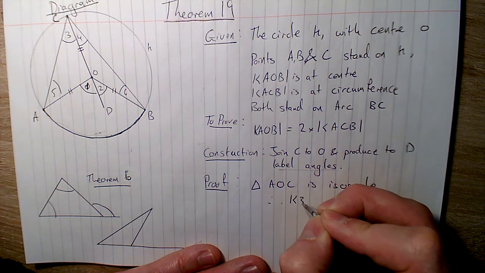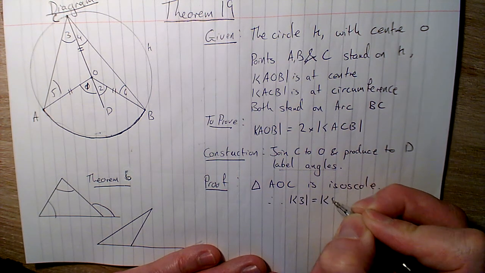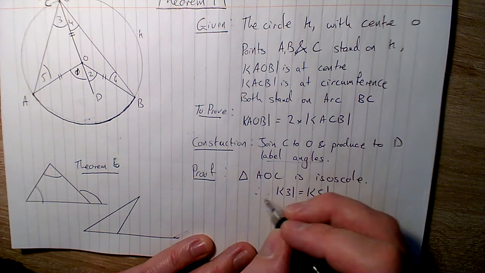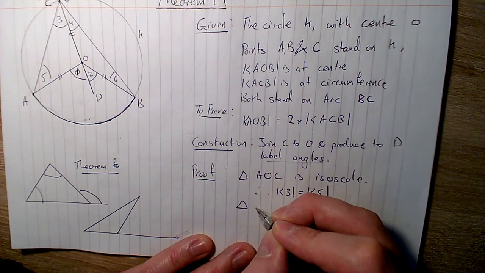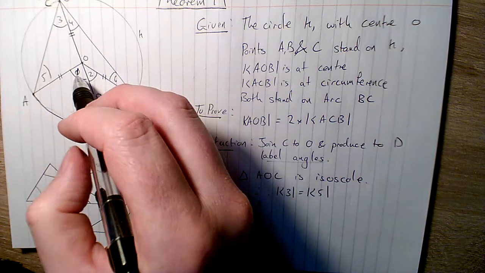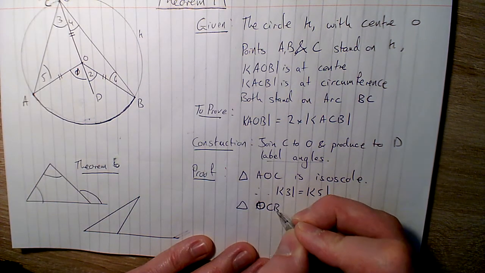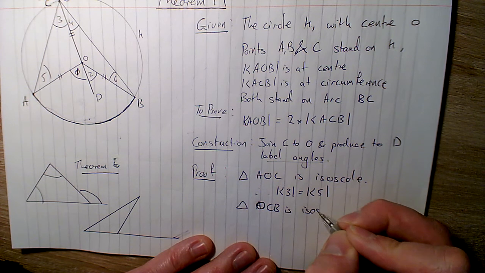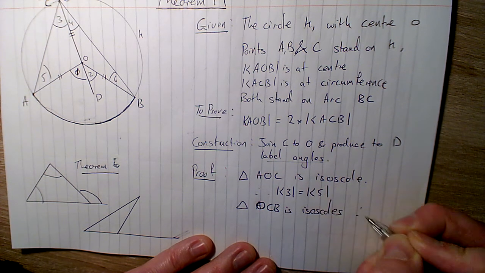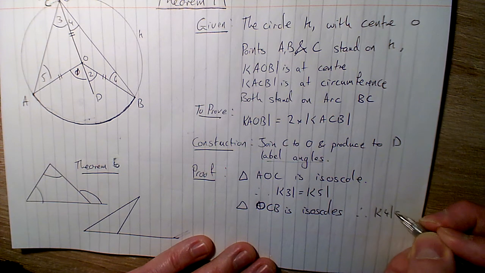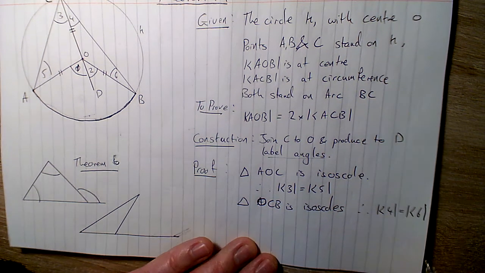Therefore, the angle 3 is the same size as the angle 5. We can also say triangle OCB is isosceles, and therefore the angle 4 is the same size as the angle 6.